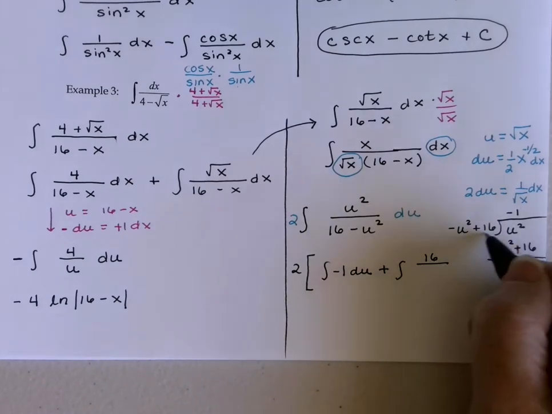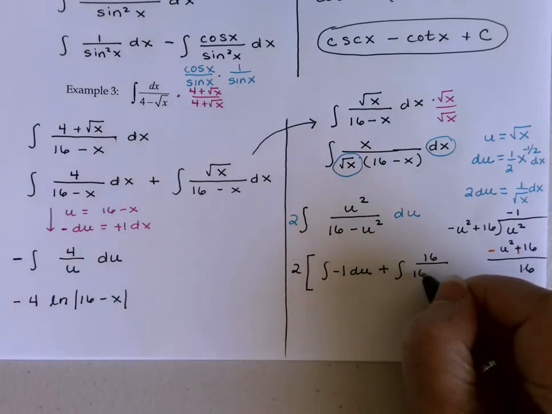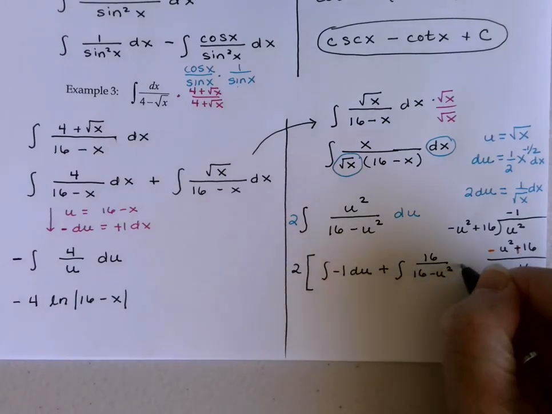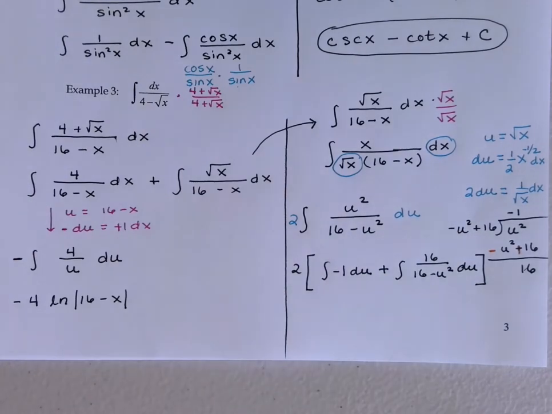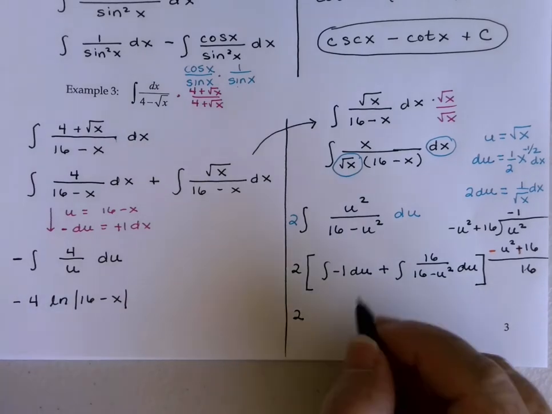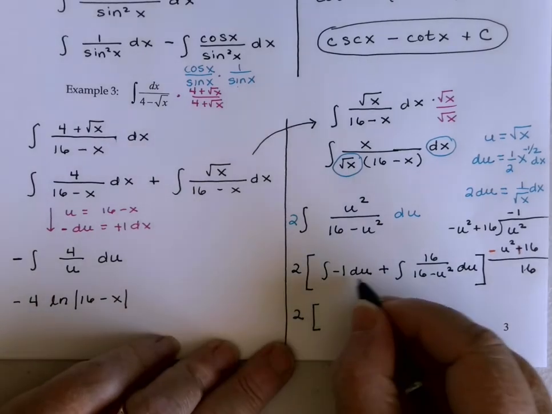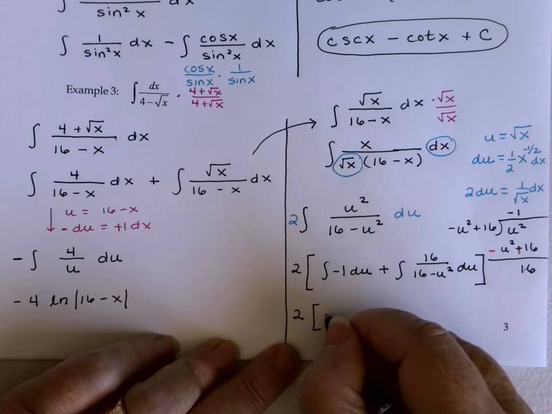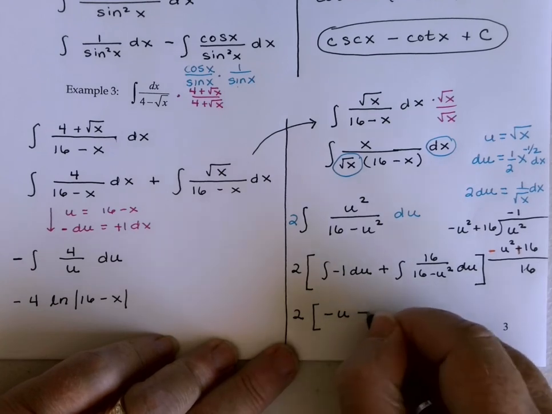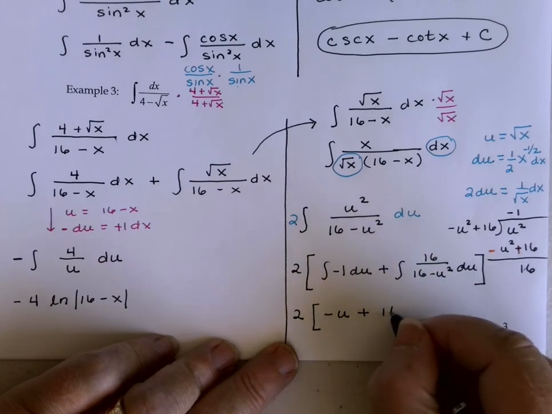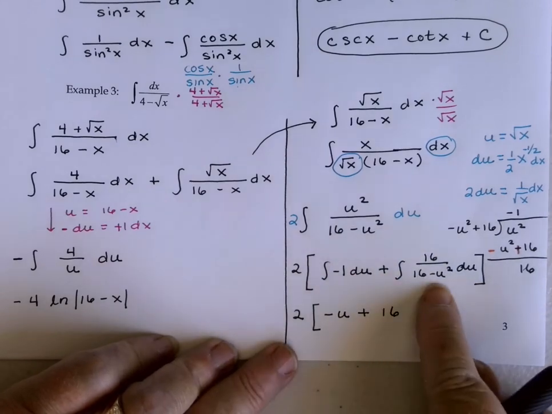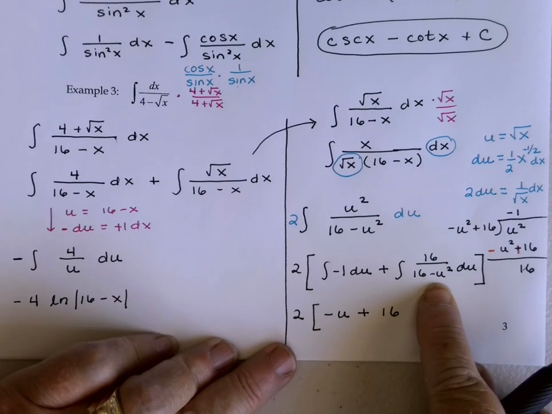I wrote it this way over here, but I'm going to go back to the 16 minus u squared over there. So what have we got? Integral of negative 1 du would be minus u, plus I could pull that 16 out, and that 1 over 16 minus u squared.